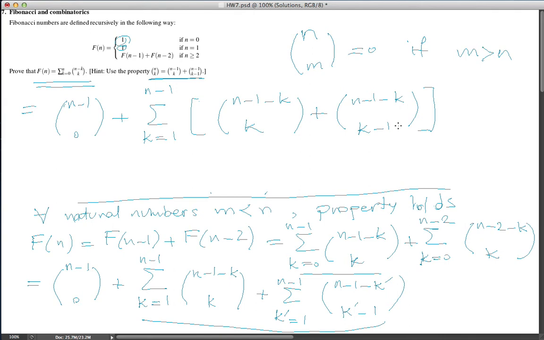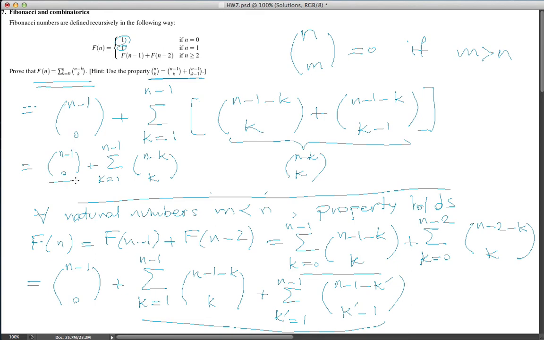Here we use the property in the hint, that this is nothing but n minus k choose k. So this is equal to n minus 1 choose 0 plus the summation k from 1 to n minus 1 of n minus k choose k.